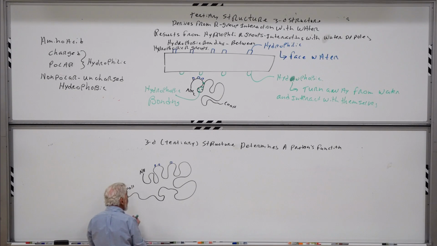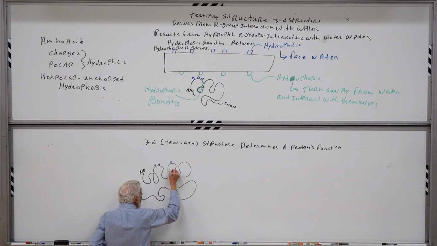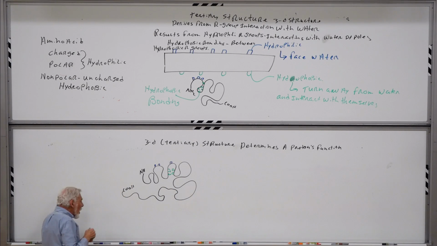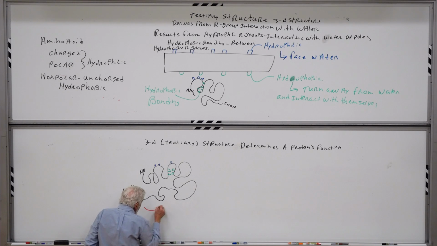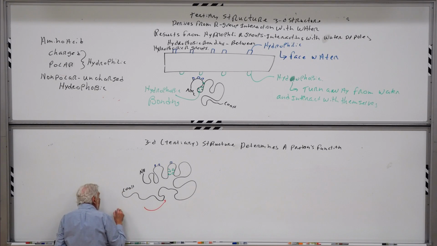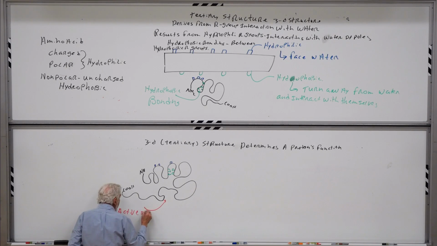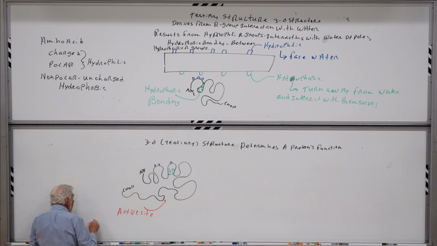Others will have hydrophobic R groups, so that through hydrophobic bonding, they'll be interacting one with the other. But what I want to emphasize here is a region I've pretty much arbitrarily drawn to represent the active site, more properly known as the binding pocket.